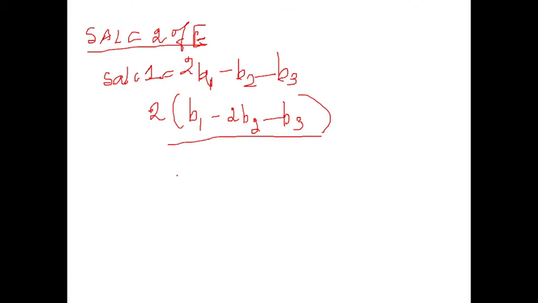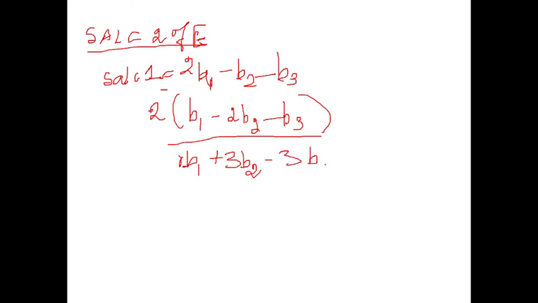Then I will be having, so I have to subtract, okay, so this will be 0b1, so this is 4b2 minus b2 is plus 3b2, and minus 3b3.